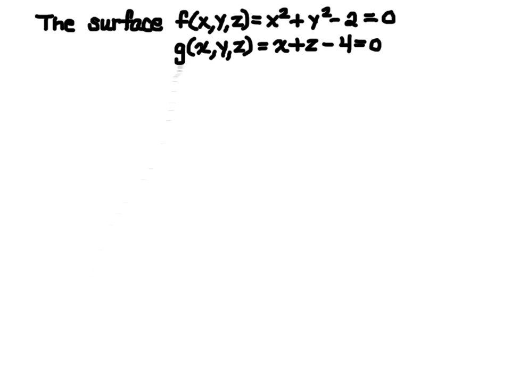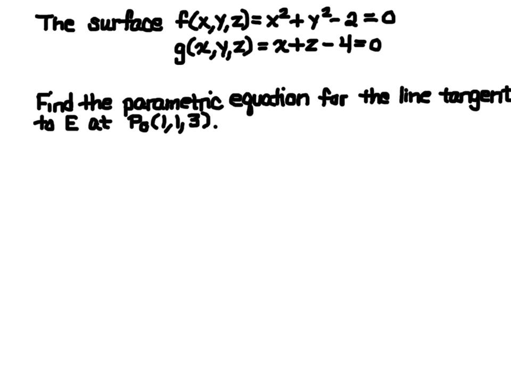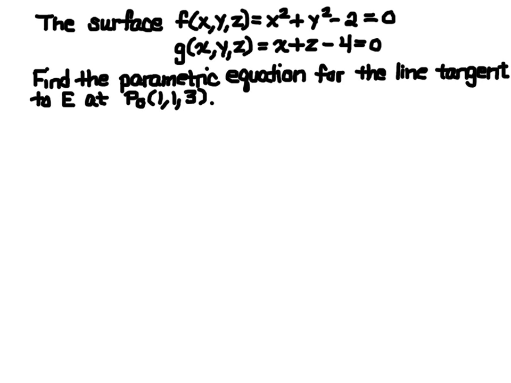These two surfaces meet in an ellipse. So we're going to find the parametric equation for the tangent line to E at the point P naught, which is 1, 1, 3, where E is our ellipse.